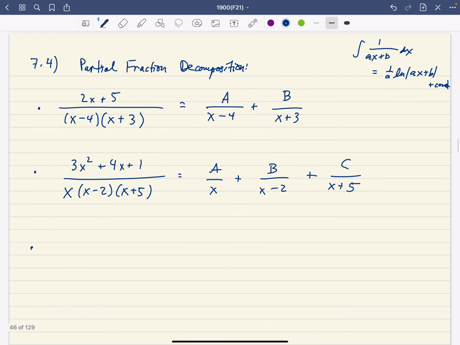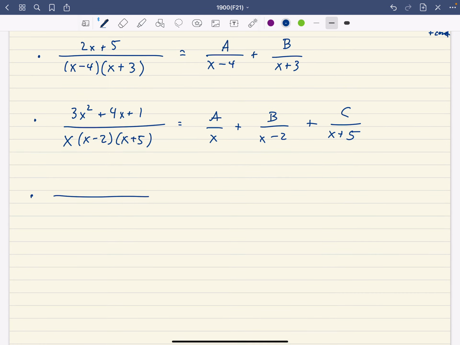The only complications are when you have nonlinear terms in the denominator. So for example, if you were to have something like x minus 2 squared times x plus 4, the x plus 4 bit is easy. For the x minus 2 part, you need to have an x minus 2 in the denominator and then an x minus 2 squared.